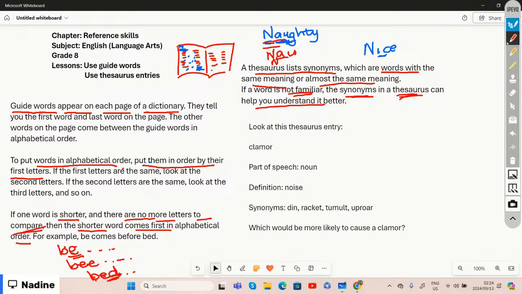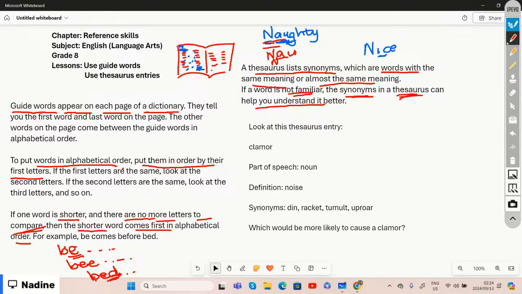Again with dictionaries, they give you more than one meaning, which means that if you don't understand one meaning, then you maybe get another meaning. And especially when it comes to homonyms or homophones, sometimes you have the same word with different meanings, and you'll find that same word with a lot of meanings in a dictionary.